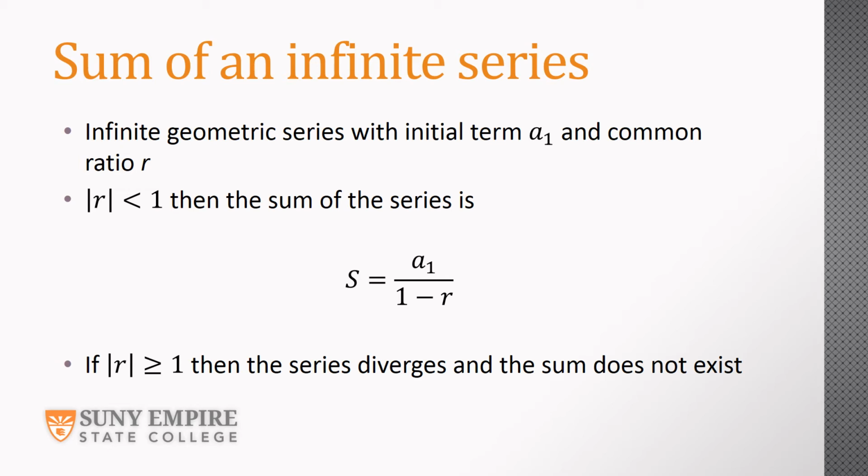If the absolute value of the common ratio r is less than 1, then the sum, capital S, of the entire series equals the first term, a sub 1, divided by the quantity 1 minus r. If the absolute value of the common ratio is greater than or equal to 1, then the series diverges, keeps getting bigger and bigger, and there is no finite sum for the series.